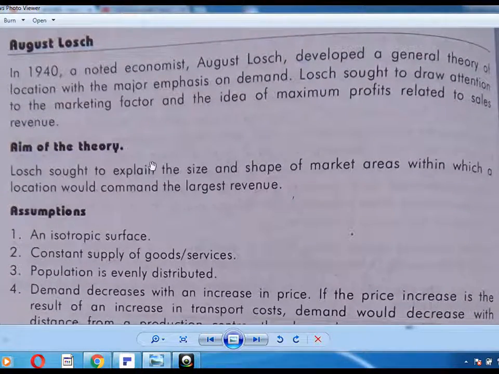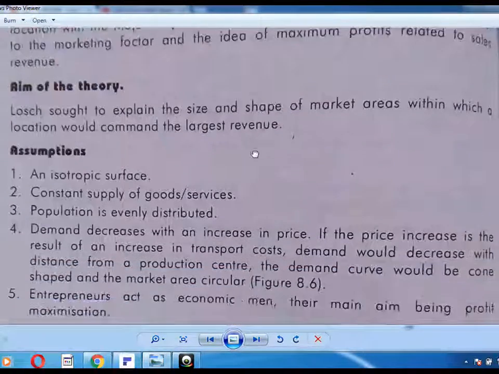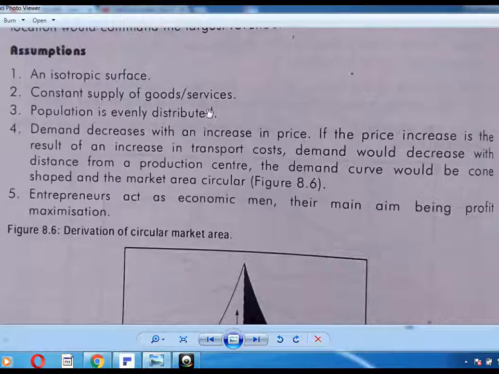Losch sought to explain the size and shape of market areas within which a location would command the largest revenue.